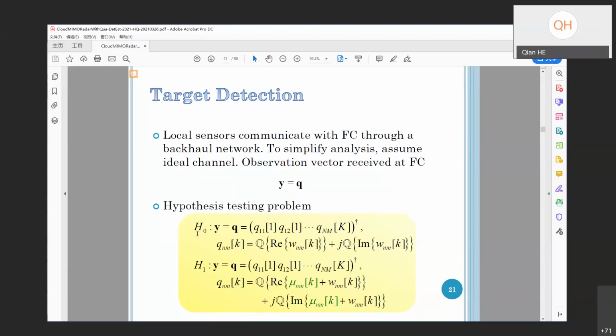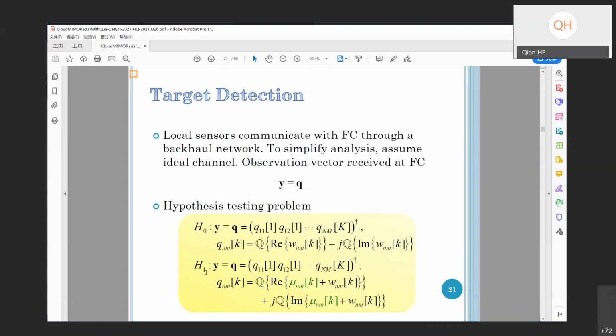Under H0, that means there's no target. What you are quantizing is essentially the noise only, since the received signal would otherwise be the target part plus noise. So under H0, what you really received is exactly equal to the quantized version of the noise.